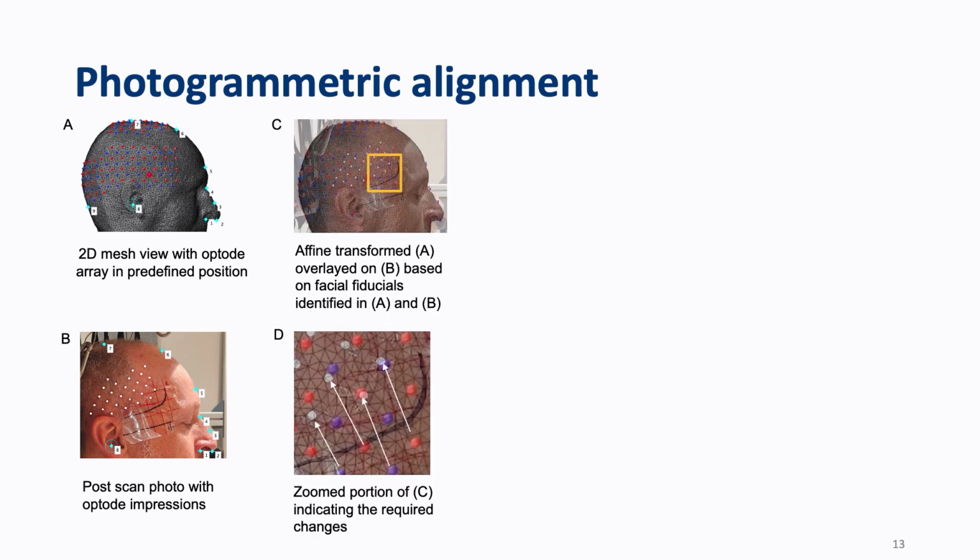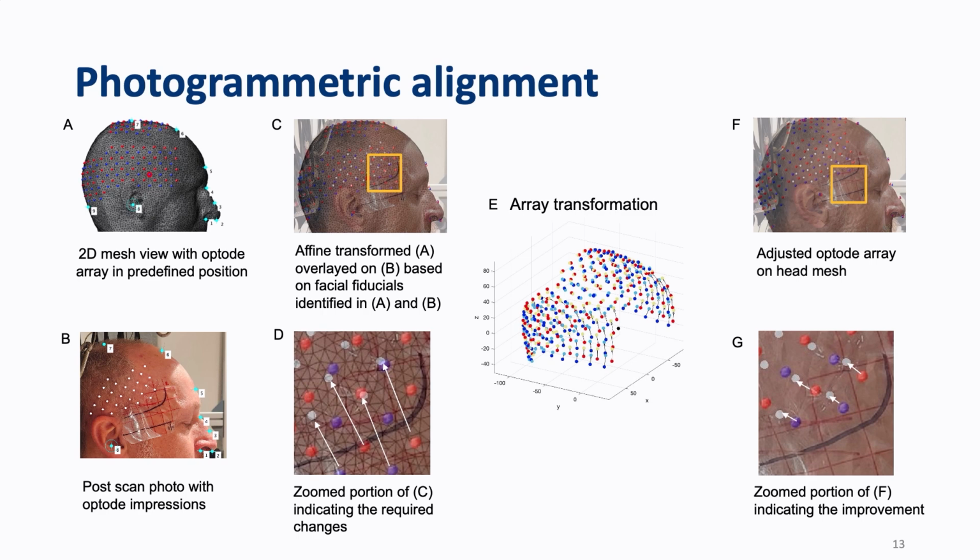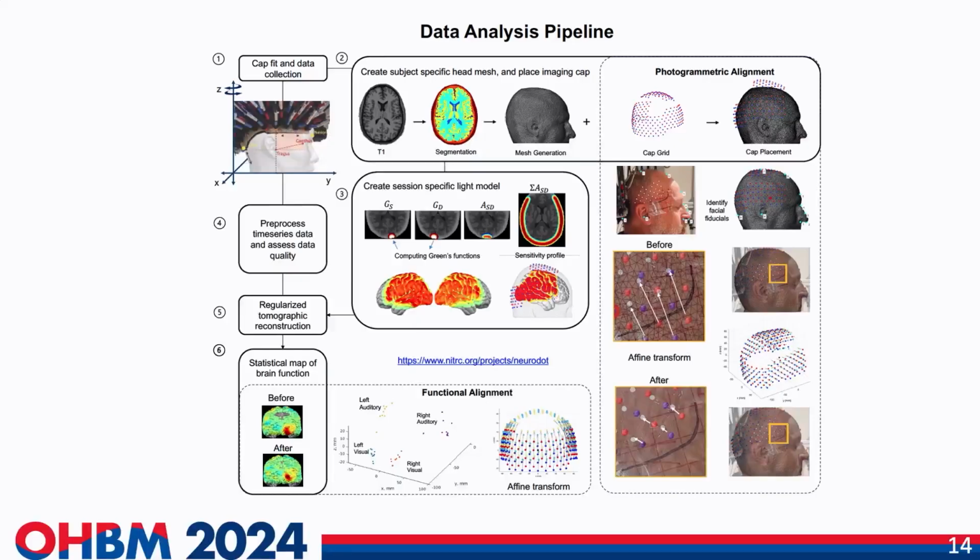We can then use these overlaid photographs to estimate positions, make our corrections, and determine our array transformations accordingly. This is a pipeline showing some improvements in positioning based on this method. Overall, this is where functional alignment and photogrammetric alignment fit in the big data analysis pipeline.